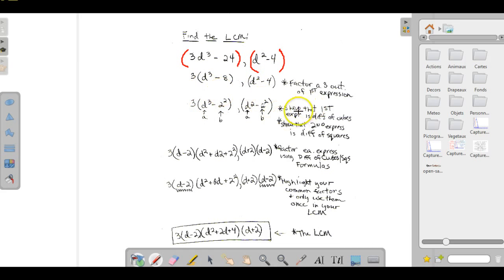And then down here, we want to show that the first expression is a difference of cubes, and we want to show that the second expression is a difference of squares. Well, why do we want to show that? Well, because I can tell that 8 is 2 cubed.